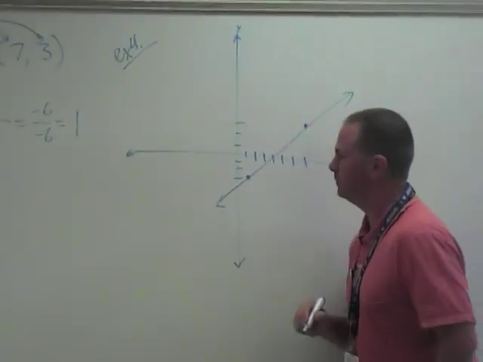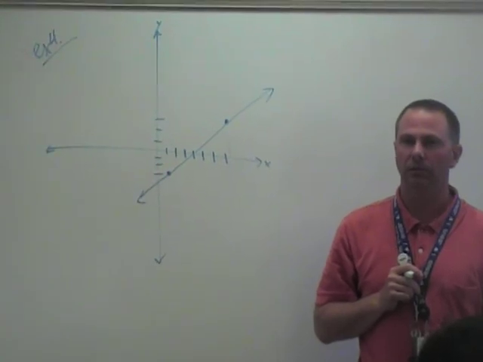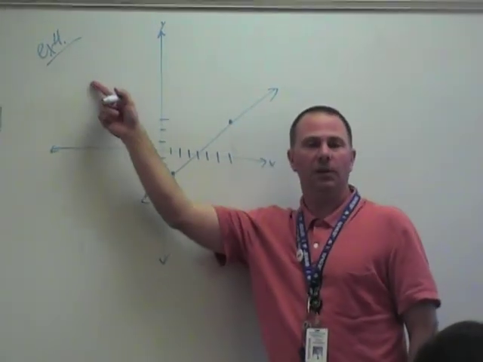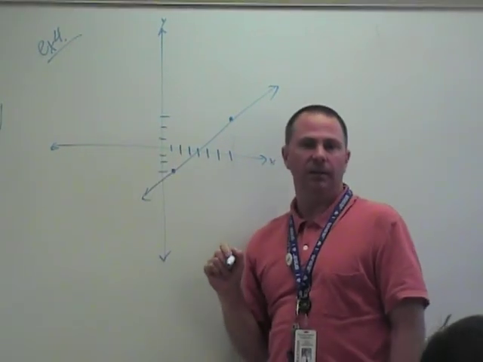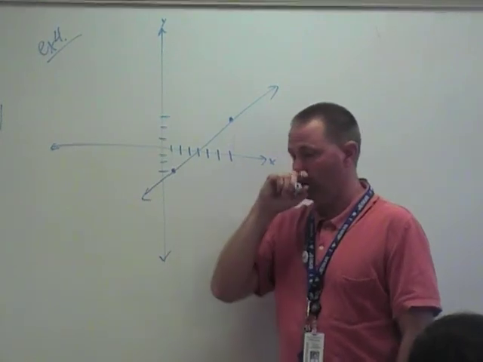And there's your line. The slope is positive. If it goes up to the right, it's positive. If it goes down to the right, it's negative. But now the question is, what is the slope?